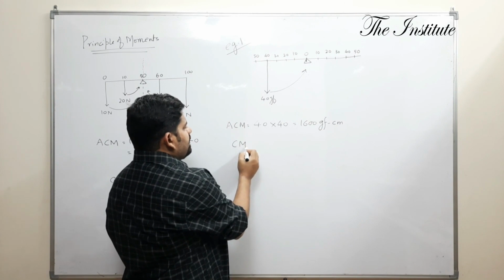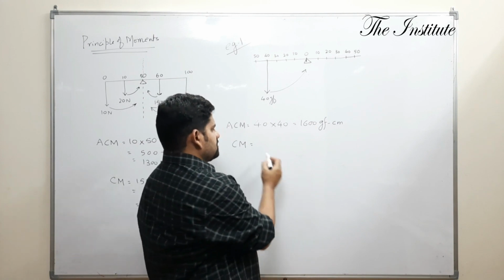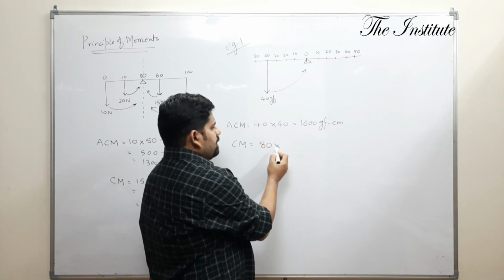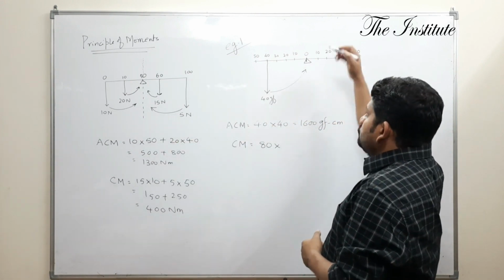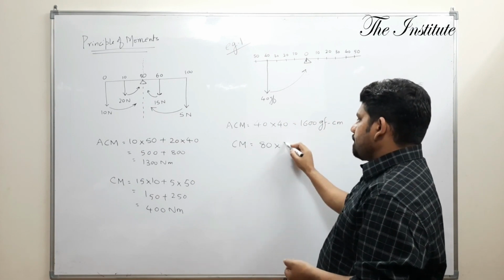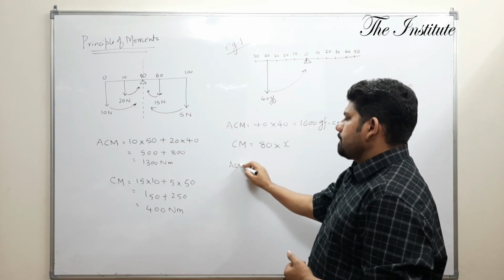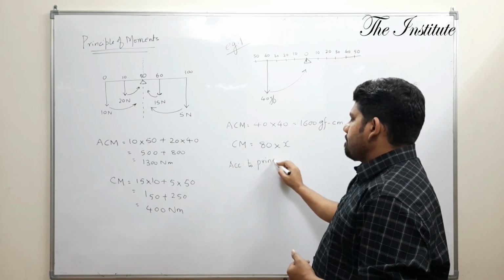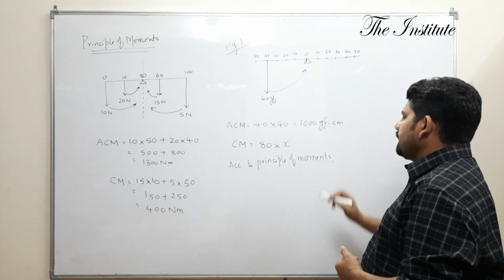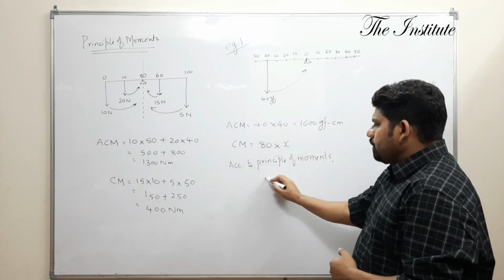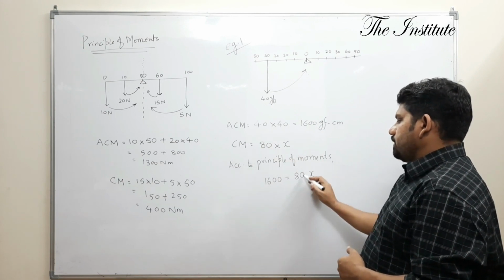We need to balance it with a weight of 80 gram force, with a force of 80 gram force. So we already know the force. We don't know its location. We don't know the distance from the fulcrum. So let's call it X. Now, according to principle of moments, if this rod needs to be in equilibrium, its anti-clockwise moment should be equal to its clockwise moment.